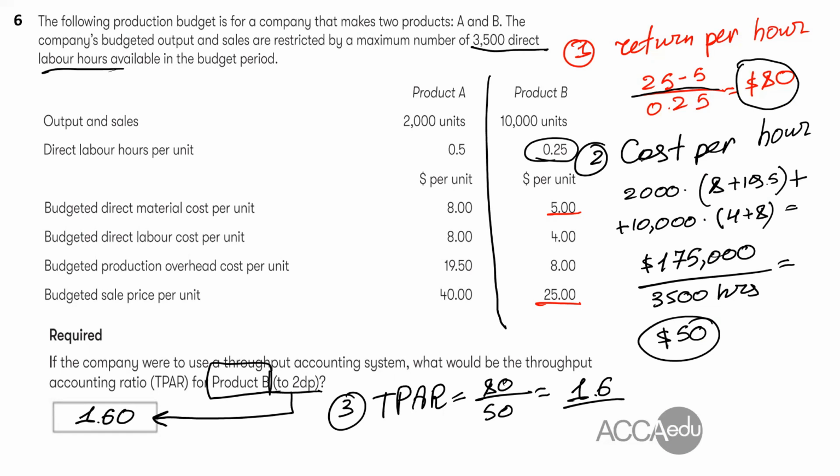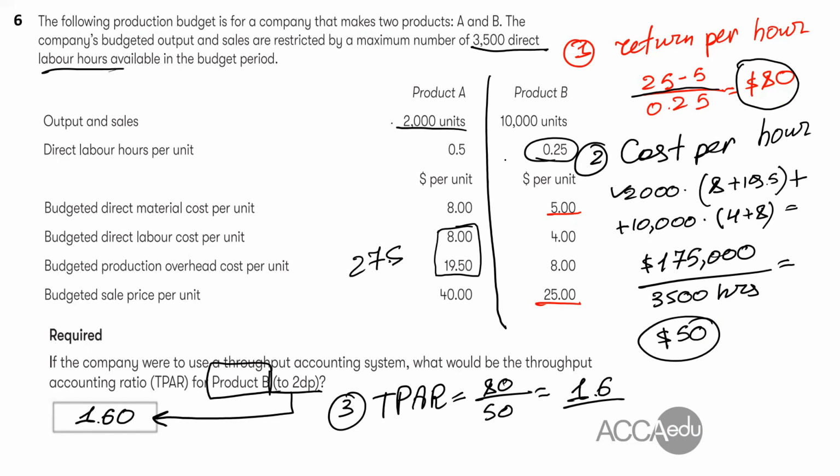And to find the cost per hour, we add up all the costs now. Not just product A, but product B as well. 2,000 units. So $8. All other costs, except for material cost. 8 for direct labor, 19.50 for production overhead. So 27.5 per unit multiplied by 2,000 units.